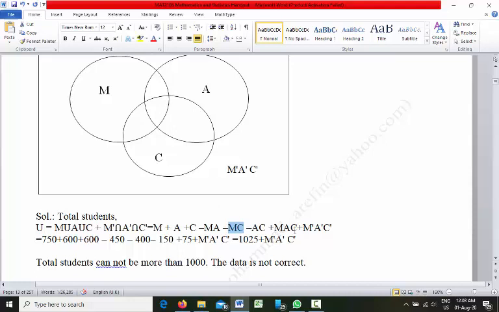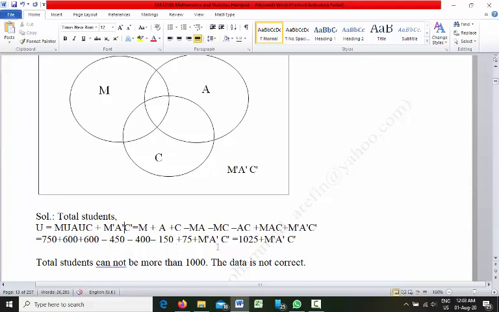So M union A union C is M plus A plus C minus MA minus MC minus AC plus MAC, plus M prime A prime C prime, the outside portion.